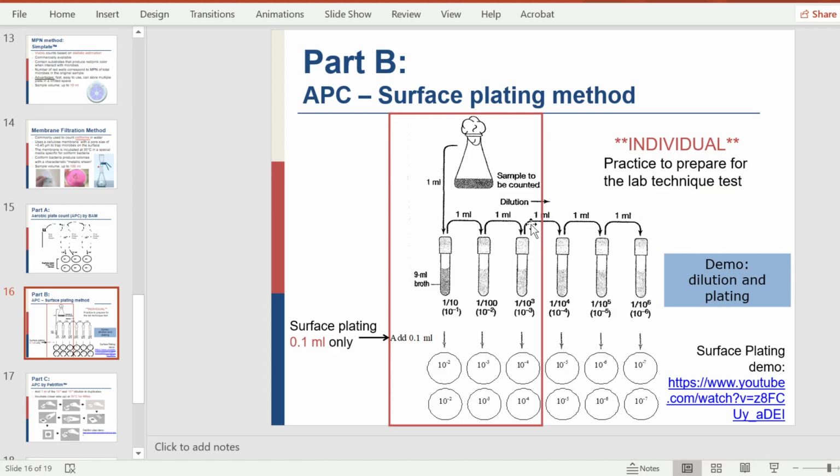Okay, so again, you can see the video here, or you can just check it out on Blackboard. And so make sure you're always doing 0.1 for the surface plating. Okay, so it's different for pour plate. You'll do 1 or maybe 0.1, but for surface plating, it's very important that you only do 0.1. Because if you do 1 milliliter, there's going to be too much liquid for the surface plating method, and the top of your plate is just going to have too much. It's not going to be nice.